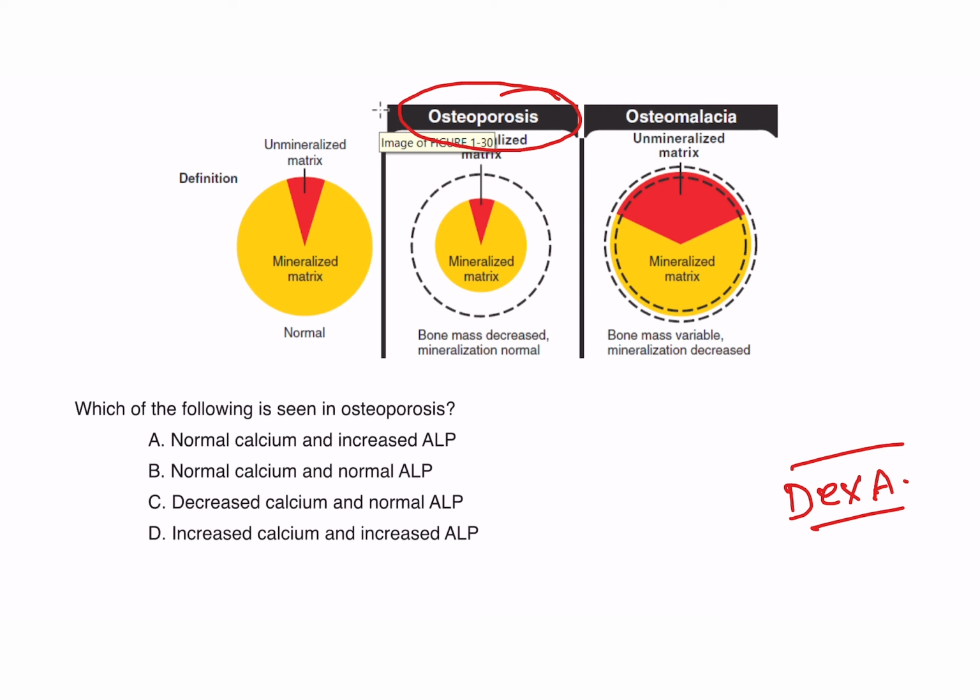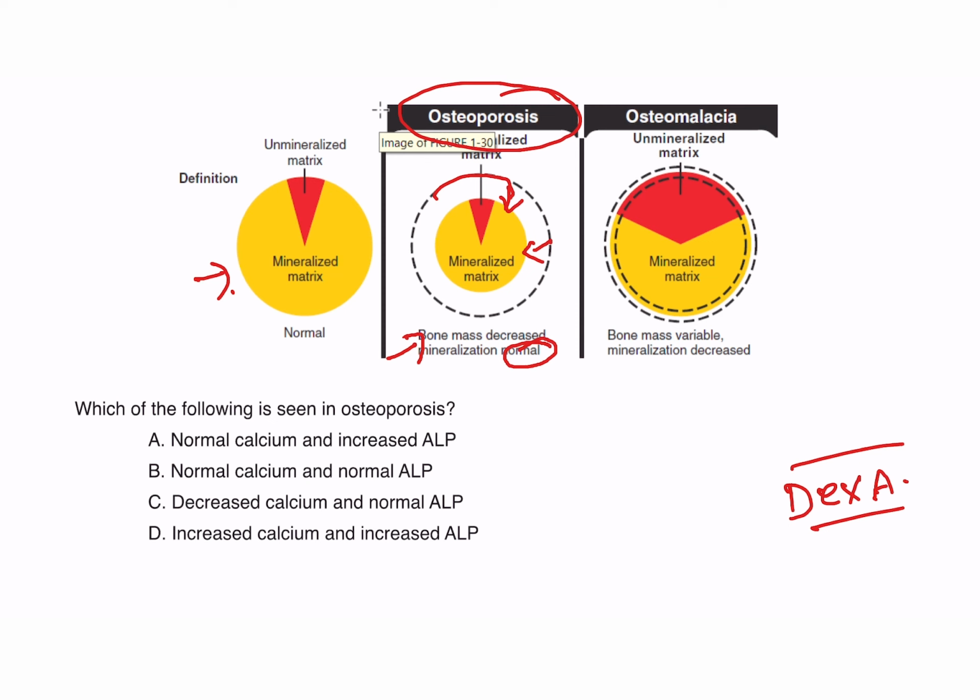You see, this is a normal bone mass and the normal minerals, right? But if you take osteoporosis, the bone mass as such is reduced, but the proportion of minerals to the reduced bone mass is still normal. So if you provide the additional bone mass, then the patient would develop the minerals for this additional bone mass.